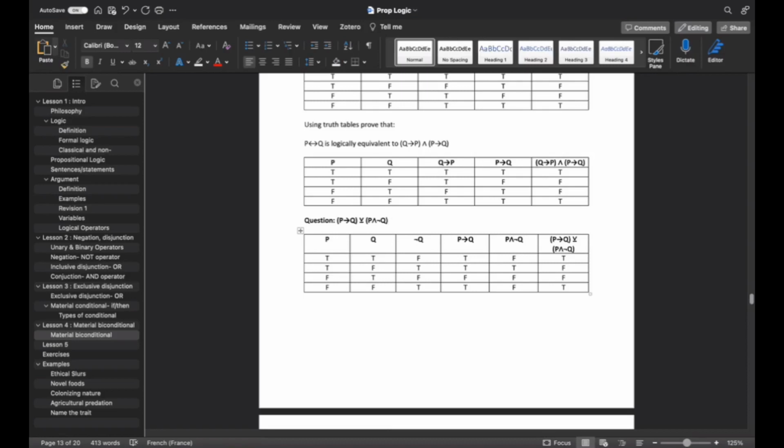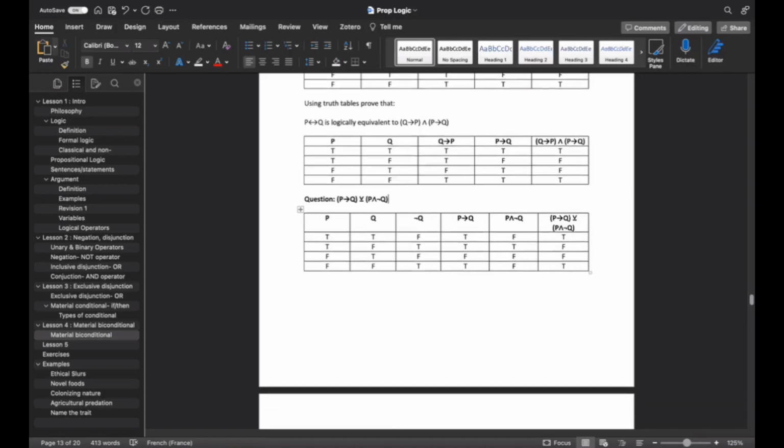I'm not going to say this every time, because we're going to be doing a lot. For not Q, you just take the opposite truth value of Q in that column. And after that, you've got P implies Q.